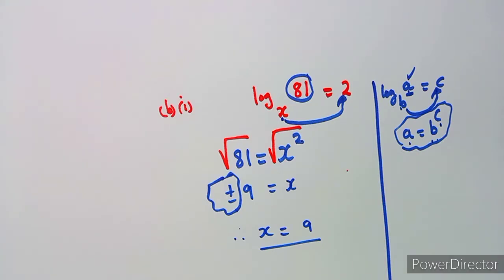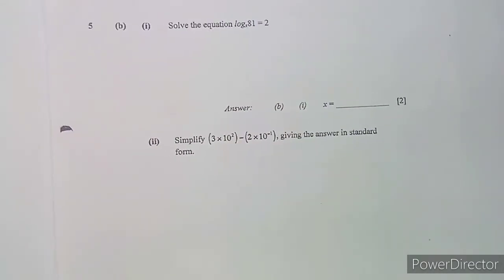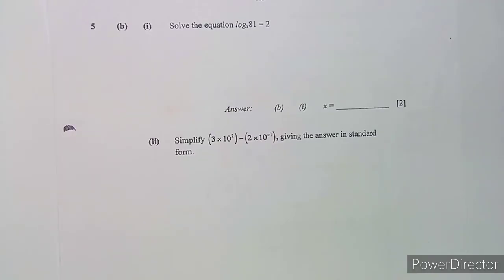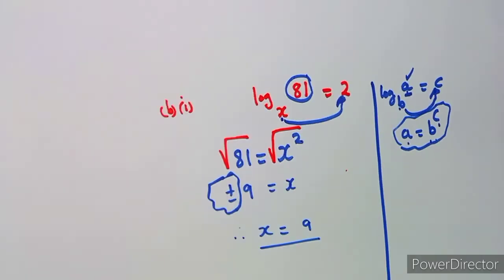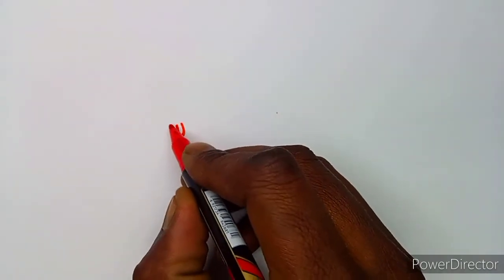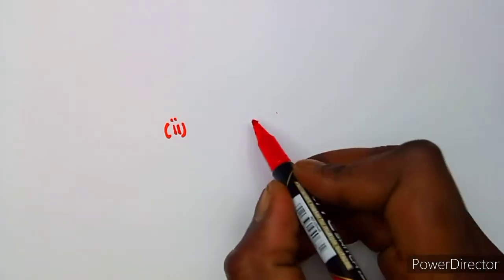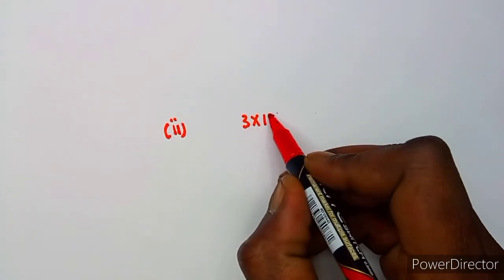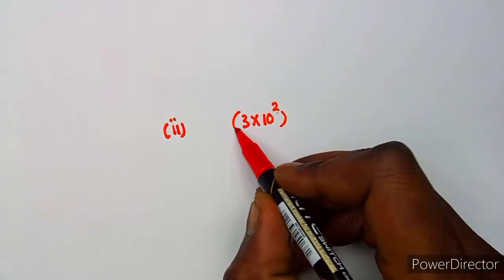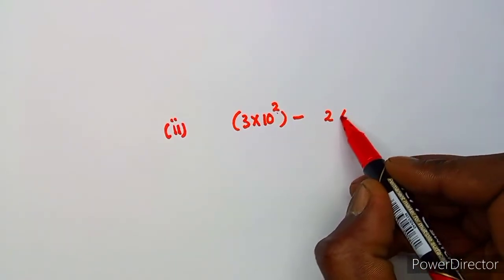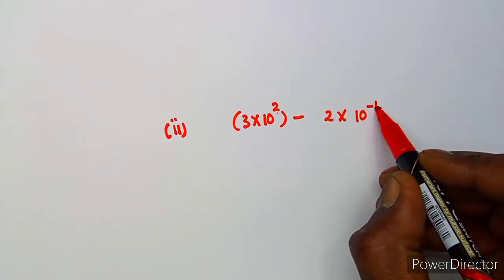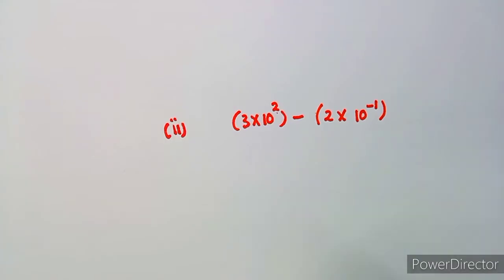I think it's clear. All right, then on item 2, we are asked to simplify, giving your answer in standard form, and we are subtracting there. So what is the best way to subtract numbers that are in standard form? Remember, when we did this topic on standard form together, I indicated that it is best for us to convert to ordinary form rather than simplify directly in standard form.